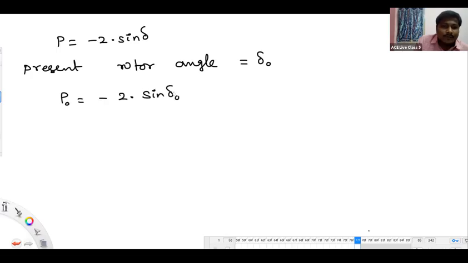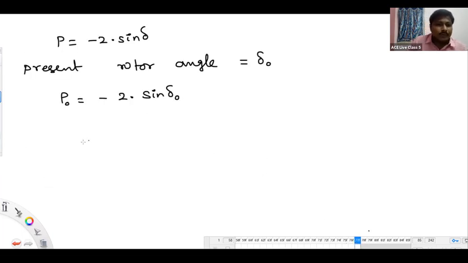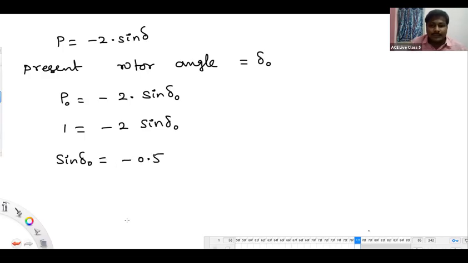How much is the value of P naught given? 1 per unit. 1 is equal to minus 2 sine delta naught. Then how much is the value of sine delta naught here? 1 by minus 2, it is minus 0.5.